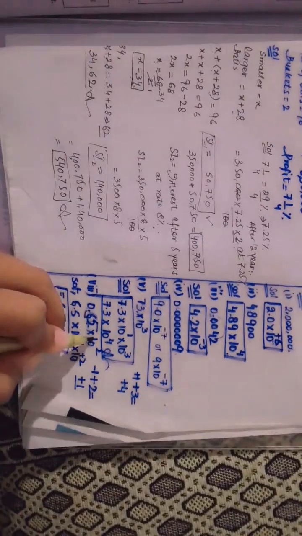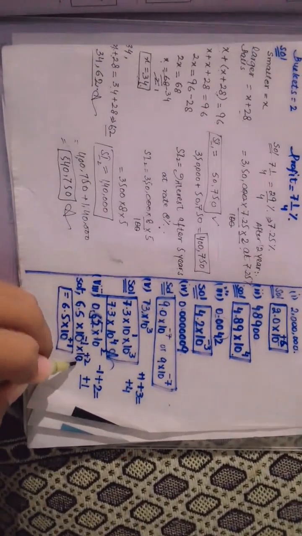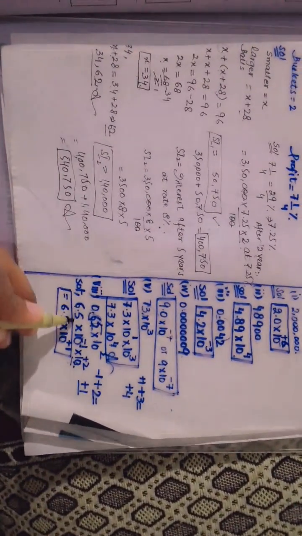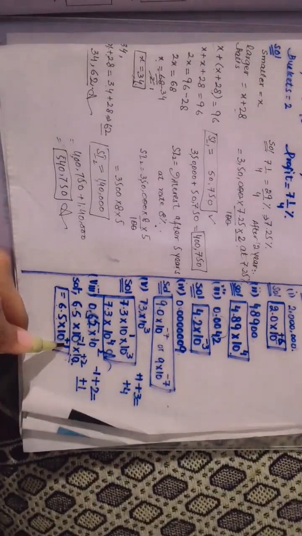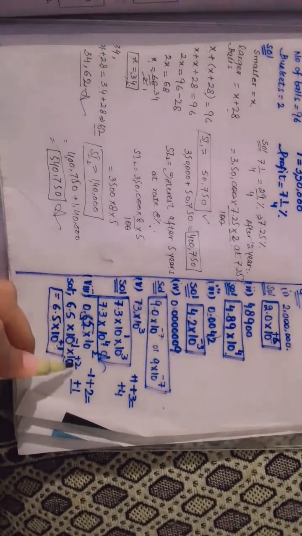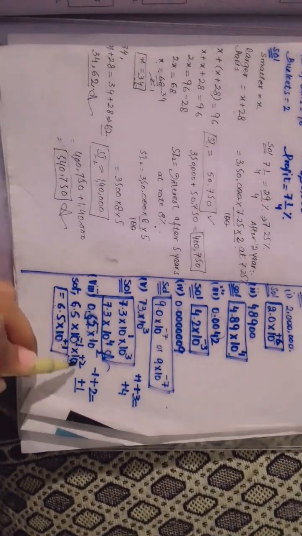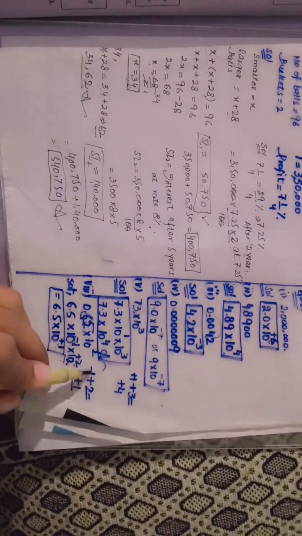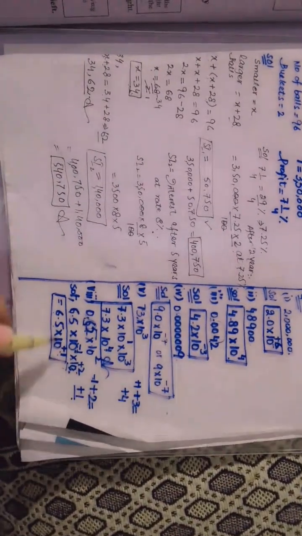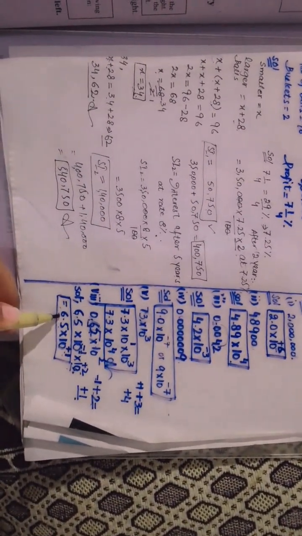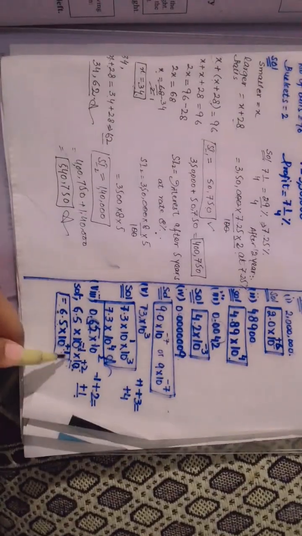Minus 1, multiplied by 10 to the base 2 is from above. So 6.5 multiplied by 10 to the base plus 1, because bases are the same, so exponents can be added up. Minus 1 plus 2 will be equals to plus 1. So we can write here like 6.5 multiplied by 10 to the base plus 1.